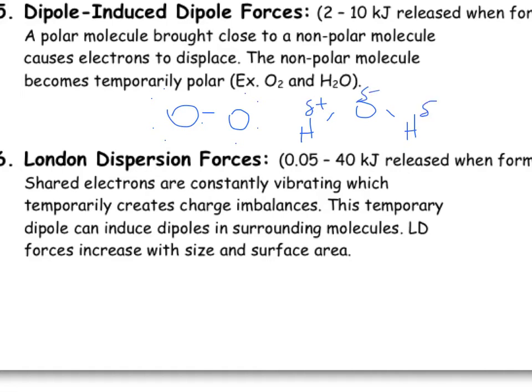If I bring the slightly positive H close to my oxygen molecule, the electrons in this bond will wave and be attracted to that slightly positive H, which will create this O with a slightly negative, that O with a slightly positive, and those two compounds can be attracted to each other weakly.